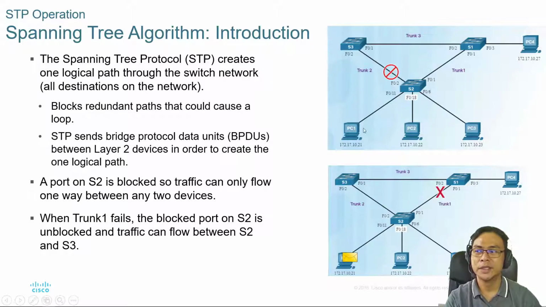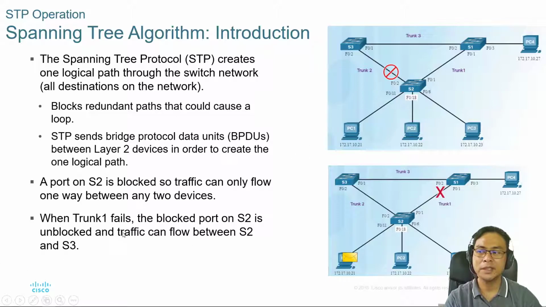So, in this case, what happened here is, ayan, andito naman. So, STP sends BPDU between layer 2 devices in order to create one logical path. So, a port on S2 is blocked so traffic can only flow one way between two devices. Gaya ng sabi ko kanina, actually nasabi ko naman na lahat.